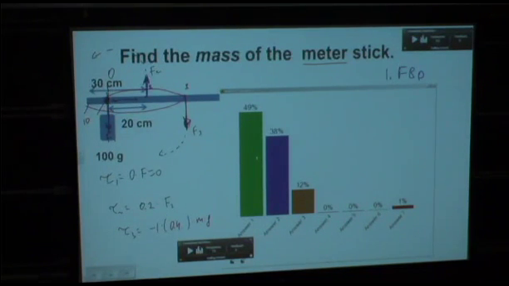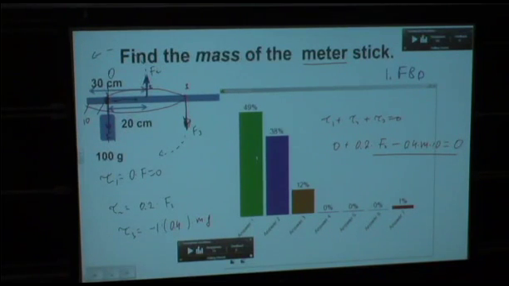And now we can write the torque balance equation. T1 plus T2 plus T3 equals 0, or 0 plus 0.2 times F2 minus 0.4 times m times 10 equals 0. One equation, two unknowns. What do we do? Well, before we only had one option.